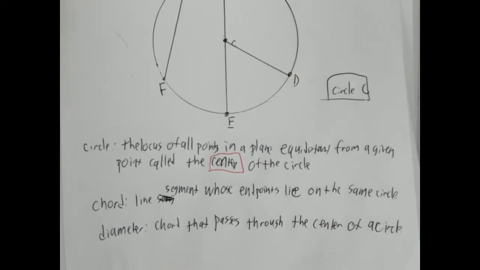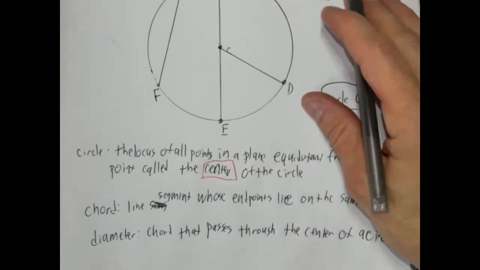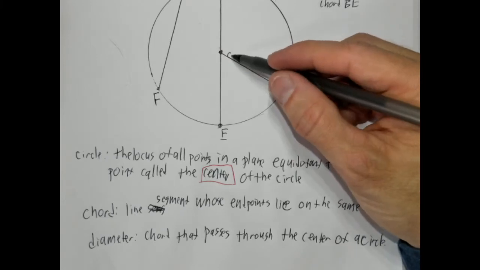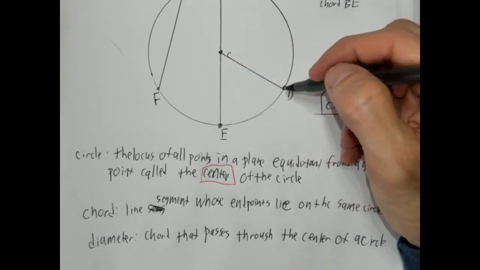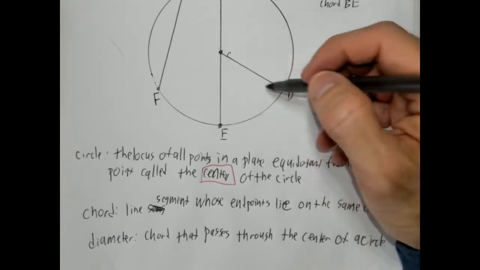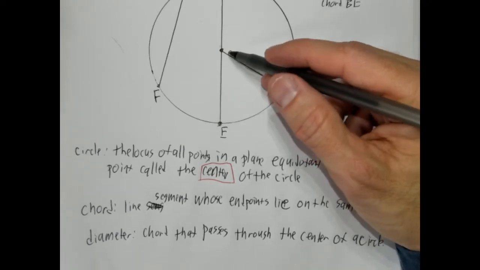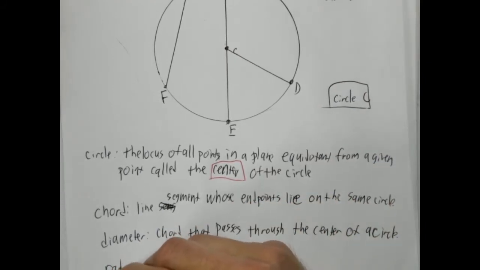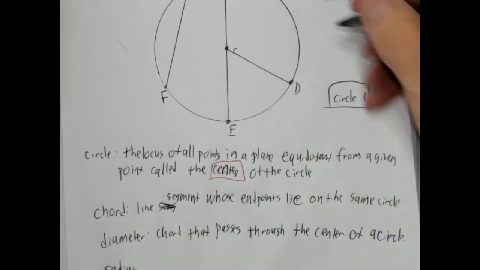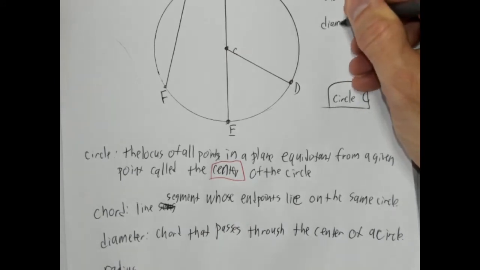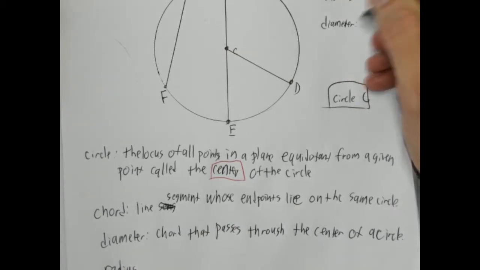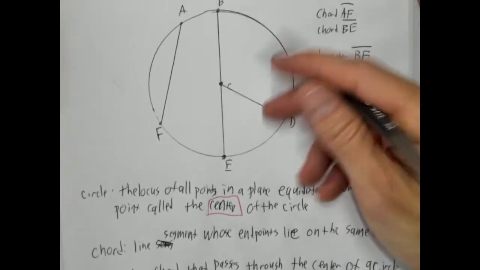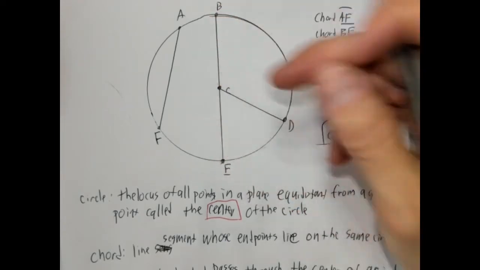And then this here, because for this line segment one endpoint is the center of the circle and the other endpoint is on the circle itself, we call this the radius. I'm sure you've heard that term before. It's a unit of measurement we use when we're describing circles as well. And the diameter of this circle, call that BE, is actually double the radius. This is essentially two radii stacked together.